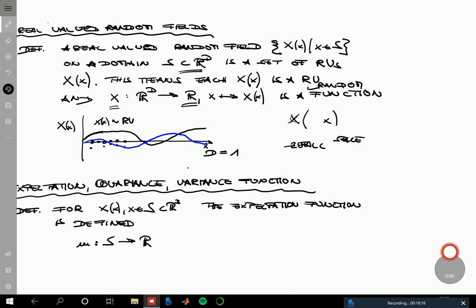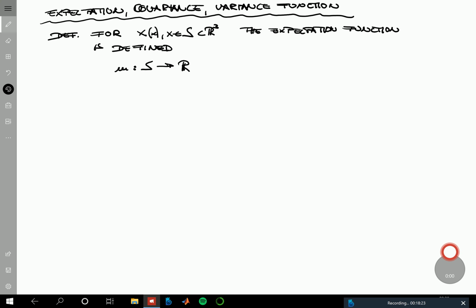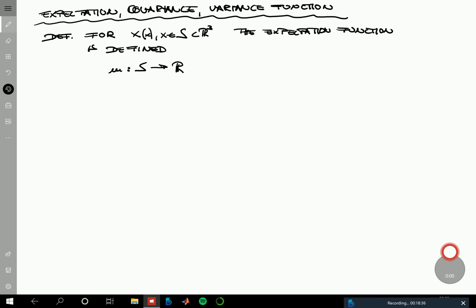This is why this whole thing is a real valued random field. You can of course also imagine vector valued random fields, so that for each location in space you allocate a vector. But here the values that the random field takes on are always scalars. So our mean or expectation function also takes on a scalar, and at location x, the expected value, so the average over many observations, is the value of the mean function.